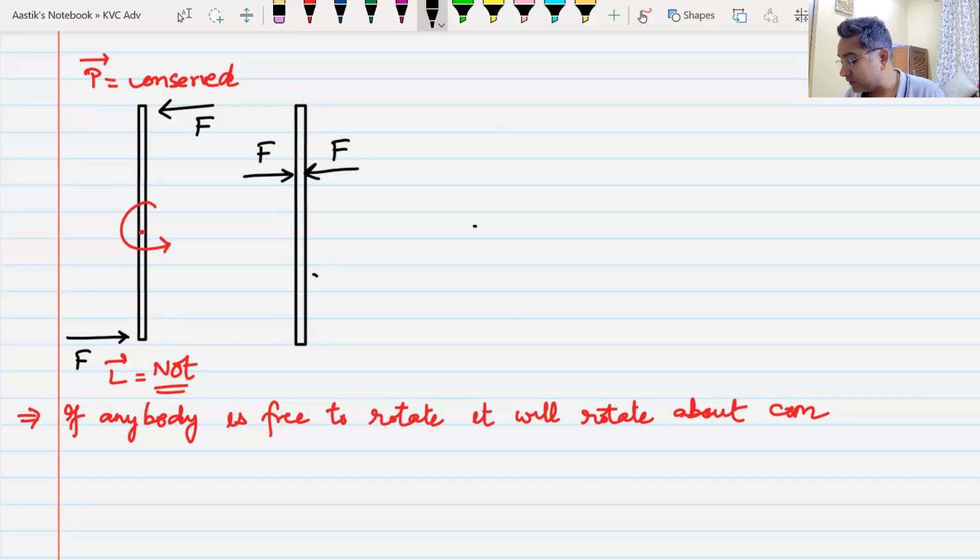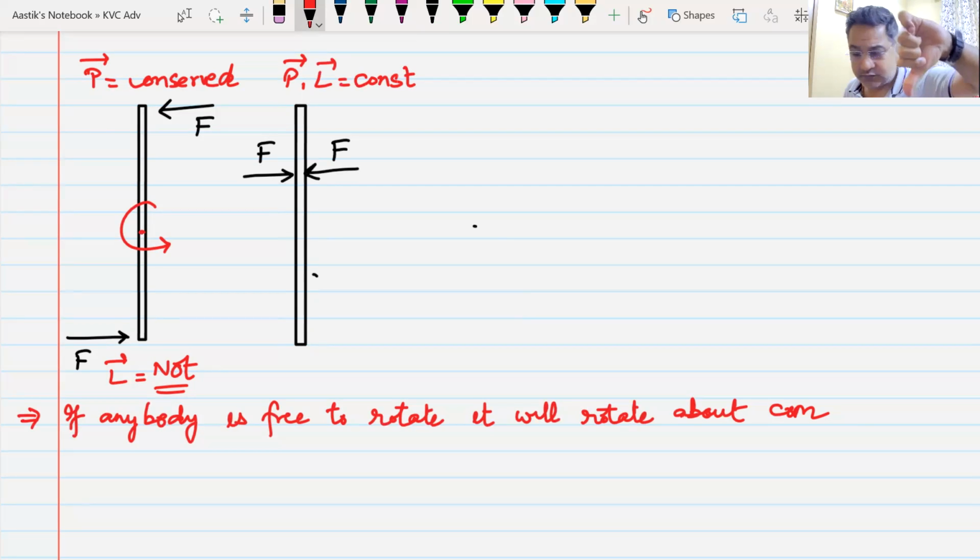What is conserved and what is not conserved? Both are conserved, sir. In this case, both P and L remain constant. Do we understand this? Yes or no? We understood, sir.